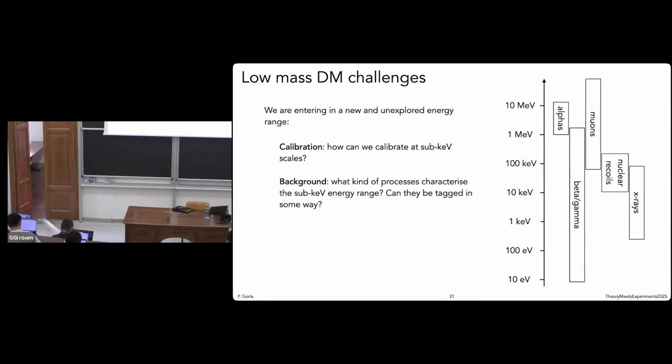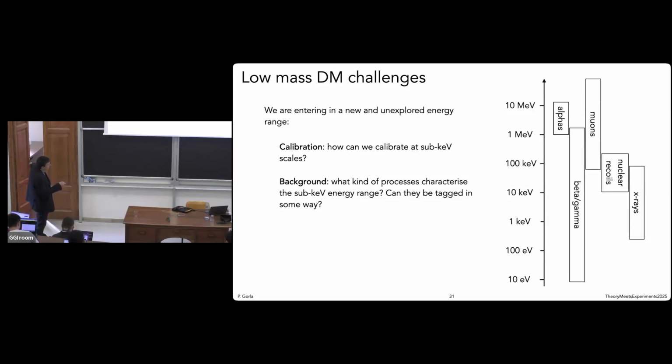Another thing, you heard yesterday about all the radioactivity. I won't go into that. That is the main source of background, typically, in this kind of detector. Dark matter, light dark matter, so low mass dark matter, opens new challenges, because we move to this region here from, let's say, hundreds of electron volts to tens of electron volts.